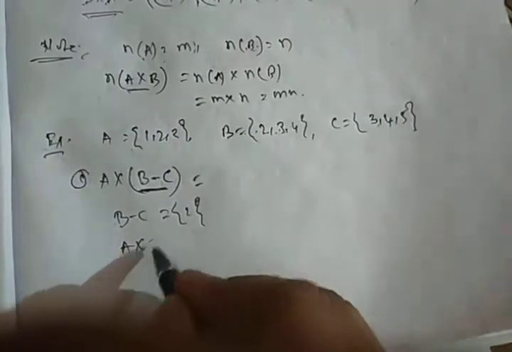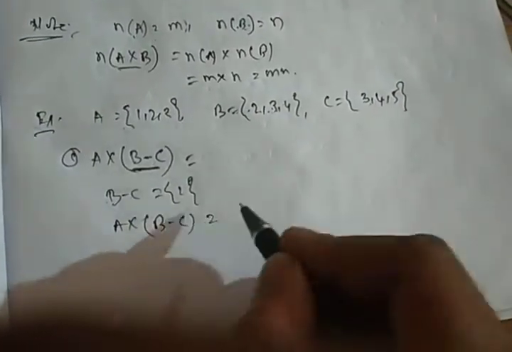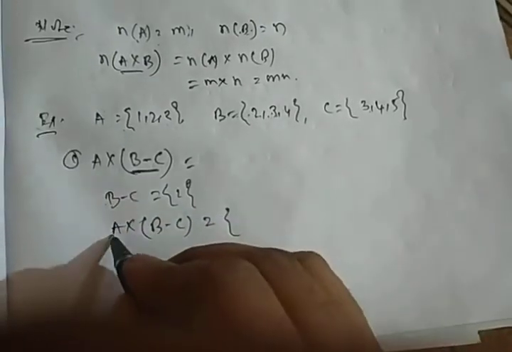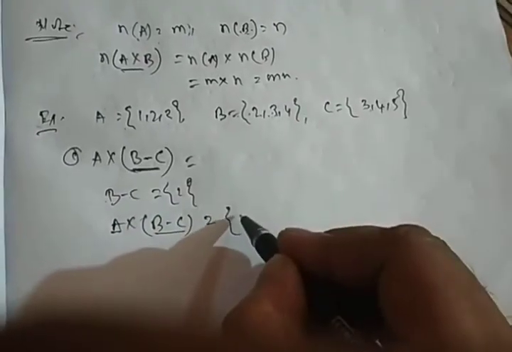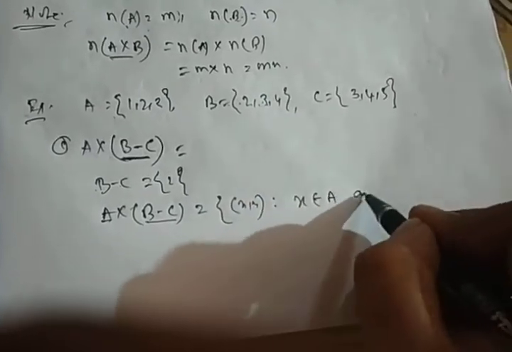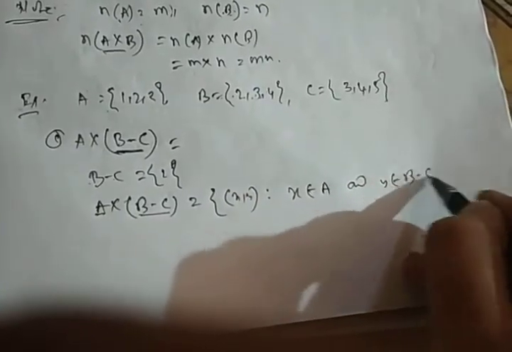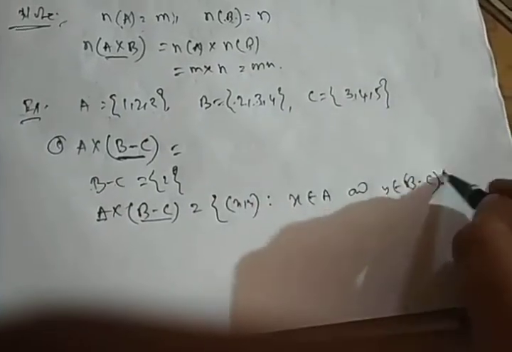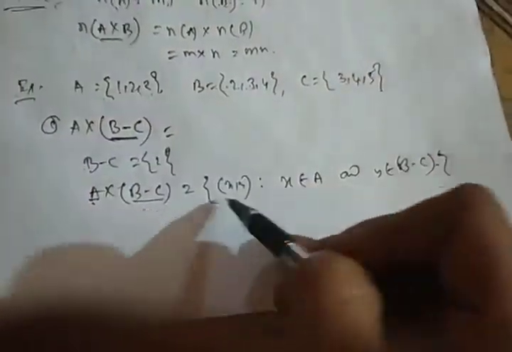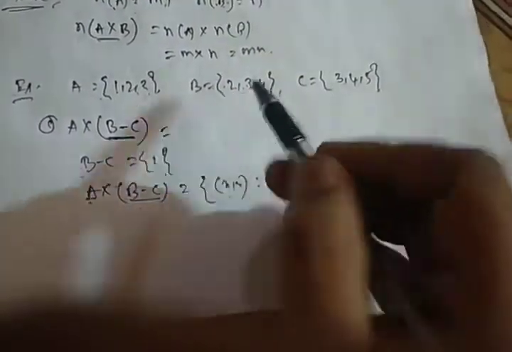Thus A cross (B minus C) will be the ordered pairs of the sets A and B minus C. If we write as (x, y), then x will come from A and y will come from B minus C. The elements of A are 1, 2 and 3. The element of B minus C is 2.